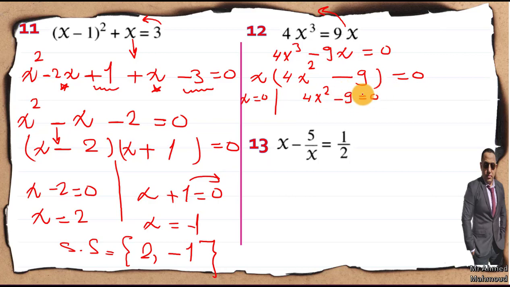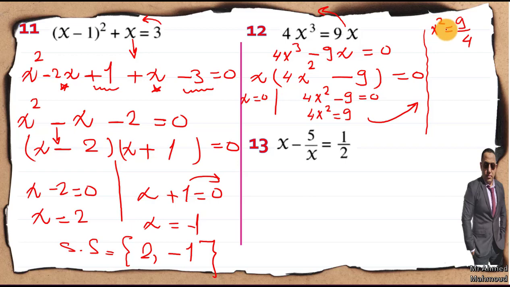I'm going to send 9 to the right side, so 4x power of 2 equals positive 9. Then I'm going to send 4 after 9 by dividing, so x power of 2 equals 9 over 4.